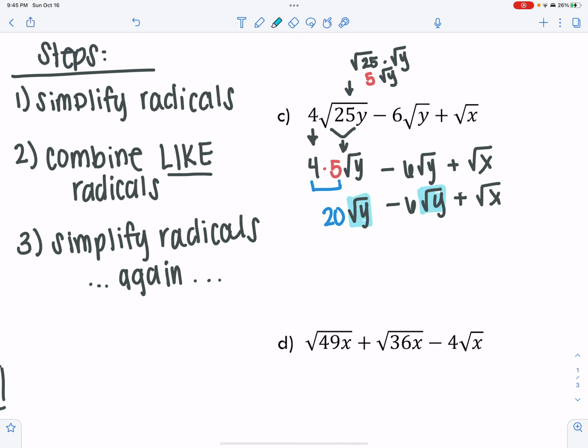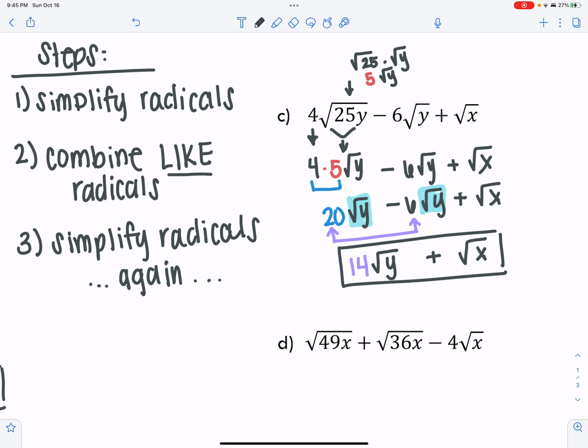I have 2 square root y's, and so I can combine these. 20 minus 6 is going to give me 14, and then square root y, and then carry down the square root x. And then that would be my final answer.